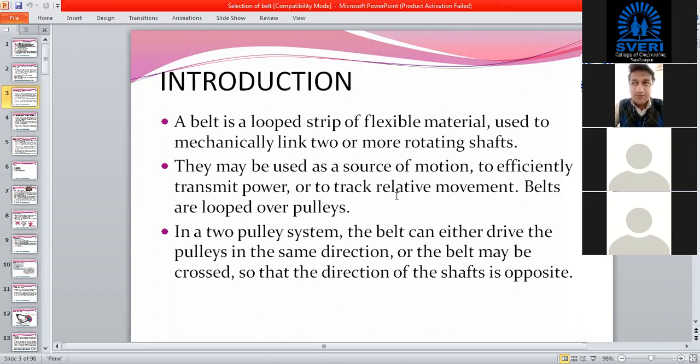One more thing we have to consider while transmitting power with the help of belt: all this power is transmitted with the help of friction. If the friction is higher between pulley and belt, then maximum power is transmitted. If the friction is reduced by any means, then power transmission losses will be more, as the slippage will be more. So we have to make these belts of such material where the coefficient of friction is more.